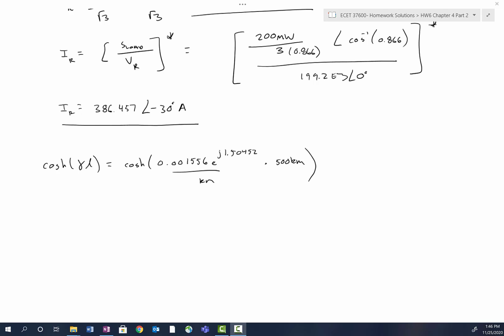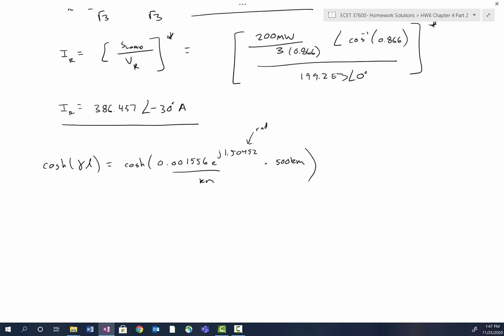When you do so, be sure your calculator is in radian mode, right? That is in radians right there, so make sure that that's the case. My calculator will only compute hyperbolic functions if it's in radian mode, otherwise I get a domain error.